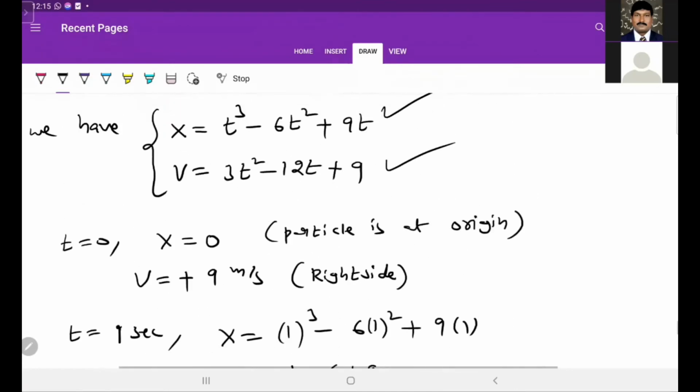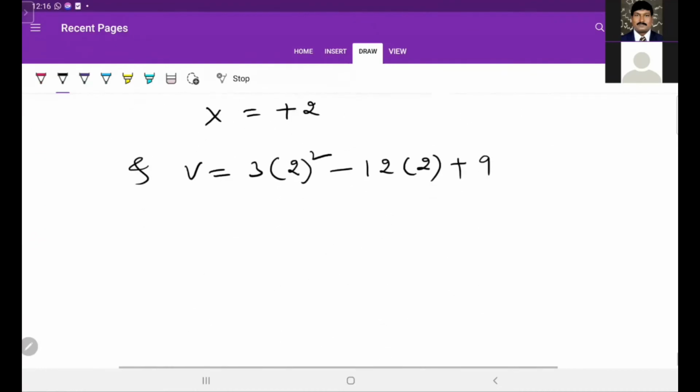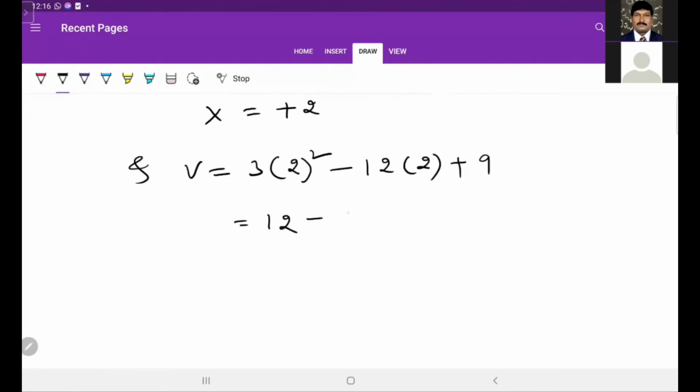In this equation I am going to substitute time t is 2 second. So I get 12 minus 24 plus 9. So minus 12 plus 9. So minus 3 meter per second. So velocity now is left side.